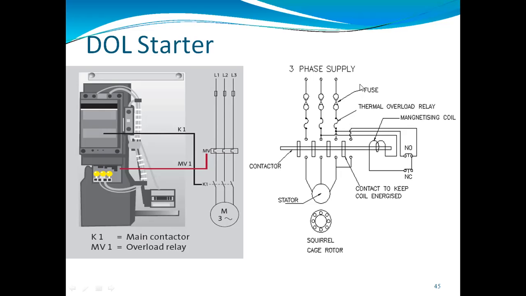In direct online starting, the rated supply is directly applied to the motor. You can directly give this three-phase supply to this motor. But the starting current is usually 5 to 7 times the rated current, because when we start the induction motor, we require a higher amount of starting current.